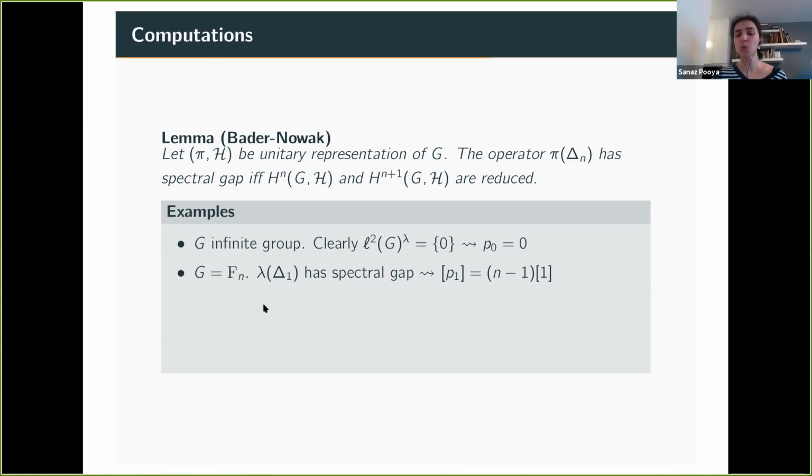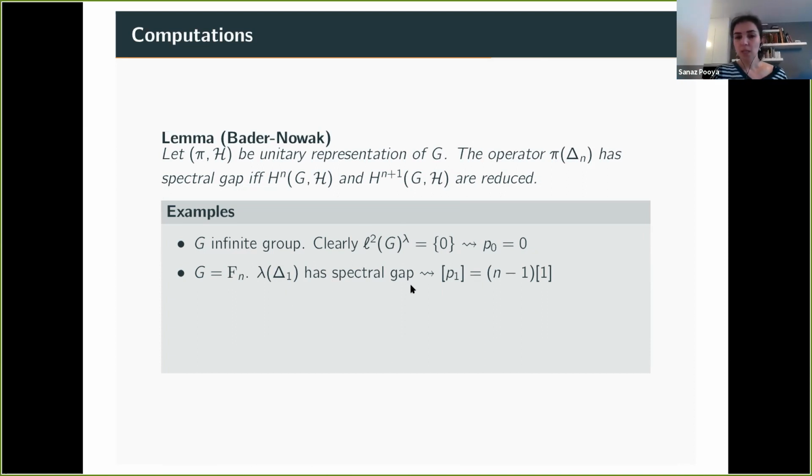And in degree 2 it has spectral gap because if one takes as a model just a wedge of n circles, then one sees that there are no two-cells. So the cohomology vanishes, hence it is reduced. With this, we guarantee that this Kazhdan projection lies inside matrices over the reduced C star algebra of Fn.